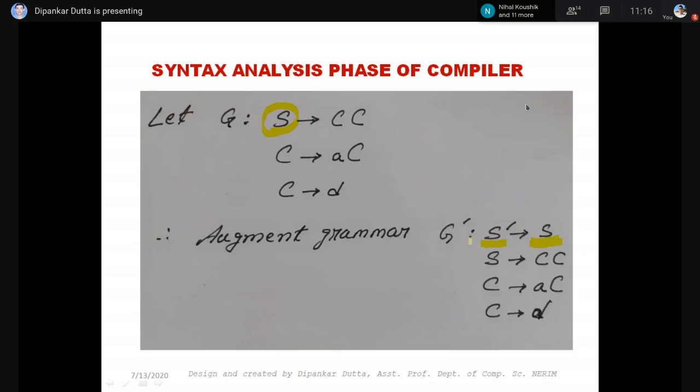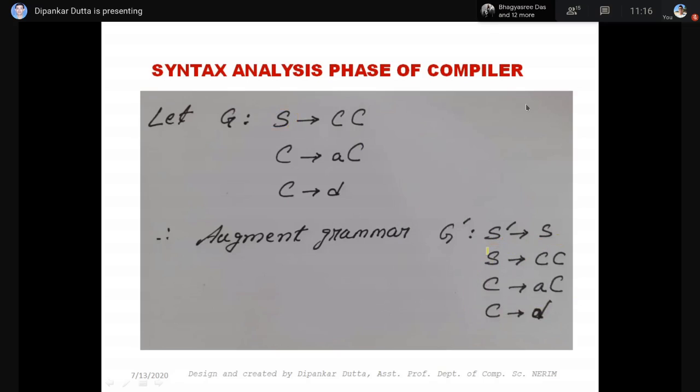The rest of the grammar remains the same: S implies CC, C implies cC, and C implies d.